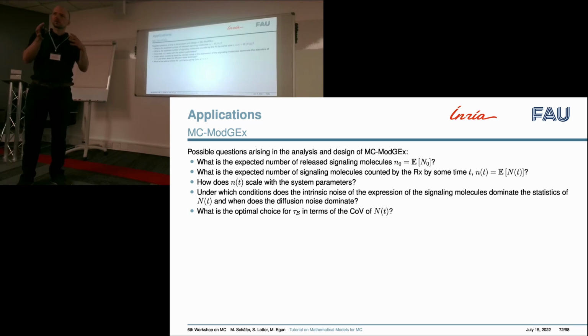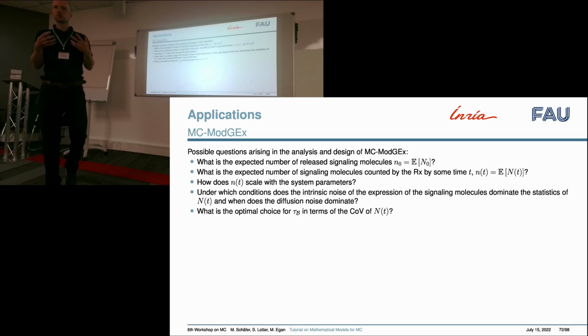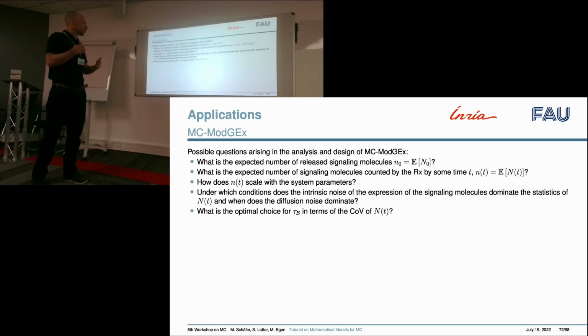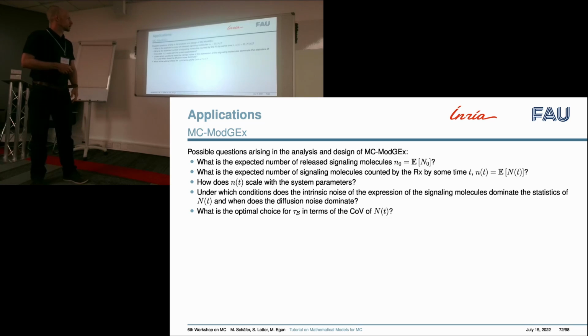Is the randomness in the signaling molecule expression the dominant source of randomness in our system, or is it diffusion noise? Of the sources of randomness that we have, reaction noise and diffusion noise, which should we pay more attention to and model in detail, or what does the dominant noise source depend on?